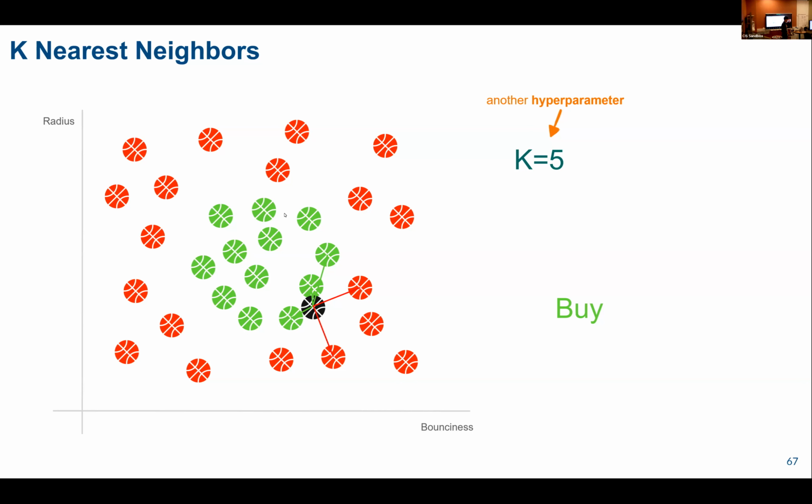Okay, so if we were to take k equals 7, we would actually say don't buy because the next 2 nearest neighbors are actually both don't buys. So this is an example of a point where it's very important to select the correct hyperparameter and figure out how many neighbors you want to take, because they can actually affect your prediction. Okay, and as you can see here, it does affect your prediction.